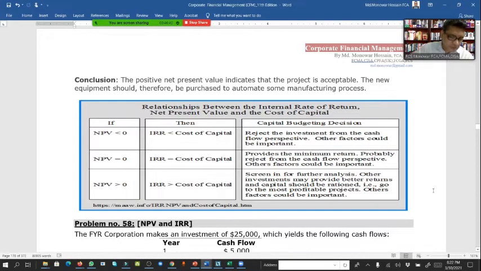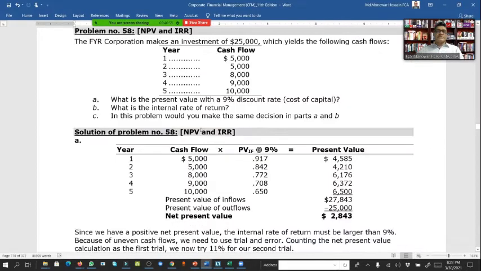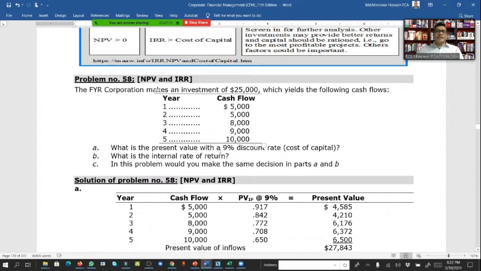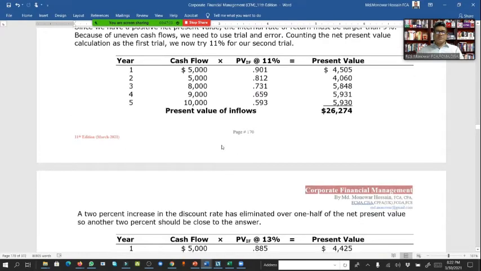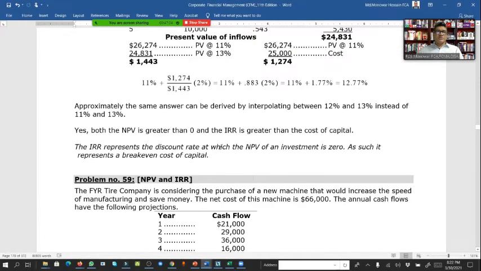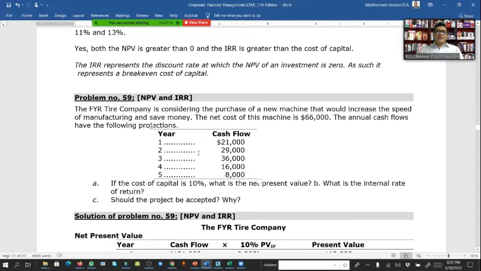We know a positive NPV we can take, and when the required rate of return is less than the IRR, then we take that project. The math of calculating NPV and IRR is universal.